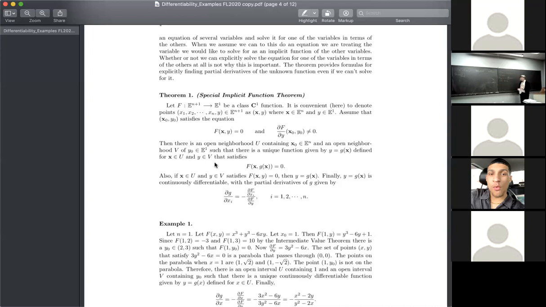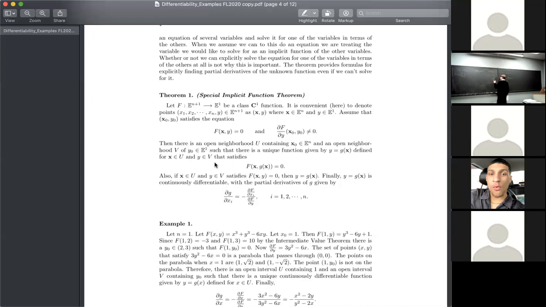Okay? Now, since I drew this, where is the place where you don't have a tangent line? Where do we not have a derivative? If I have y equals f of x here, where don't I have a derivative? I don't have a derivative there. Well, if you look at this, this says the partial derivative with respect to the last variable is not 0, which you're going to find out if we had x squared plus y squared is 5 or something.